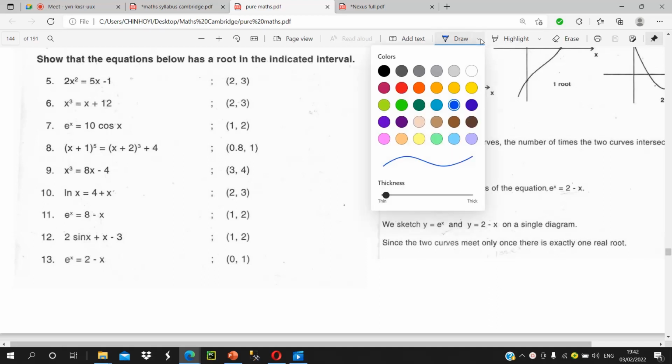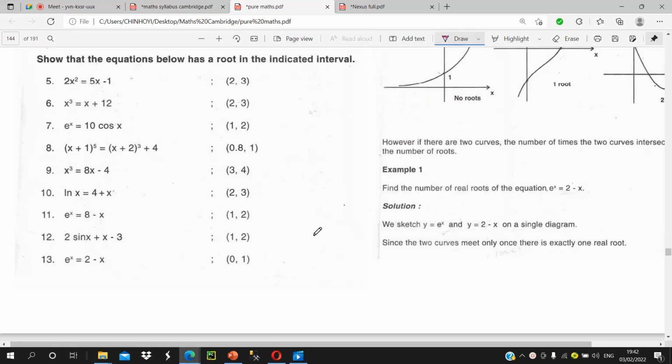But when you are showing that this equation has a root between 2 and 3, there are 4 steps that you need to take note of. Usually there are 4 stages.